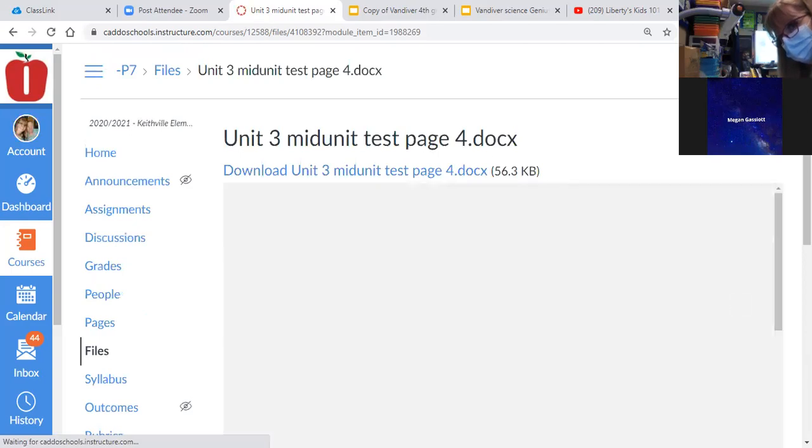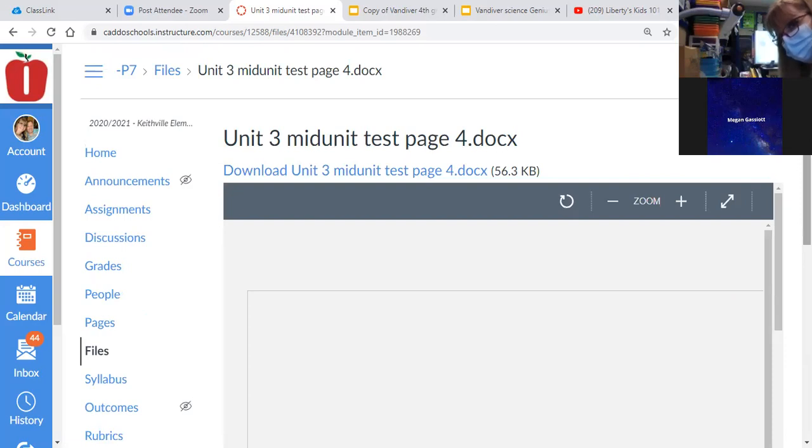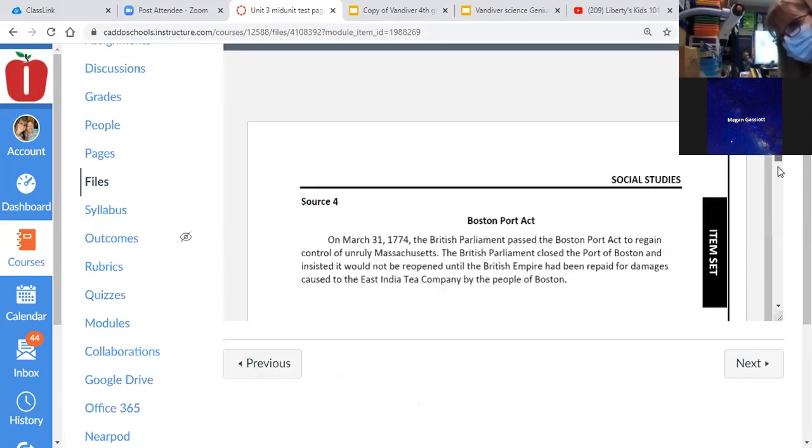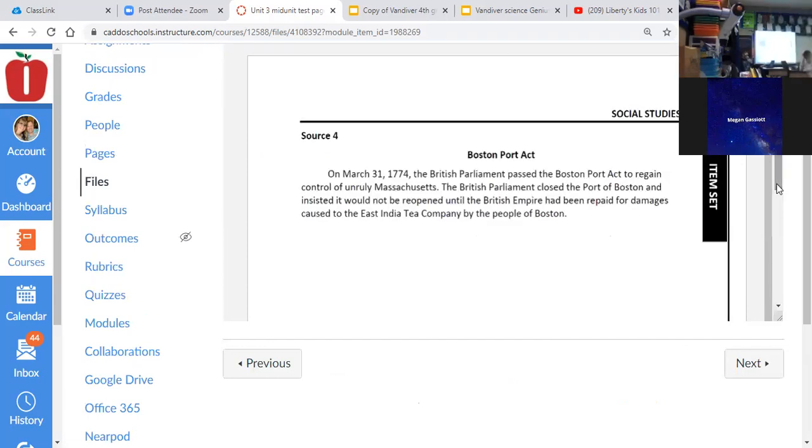It's black and white. Boston Port Act. Michaela, you need to pay attention, okay? Is that called the Boston Tea?